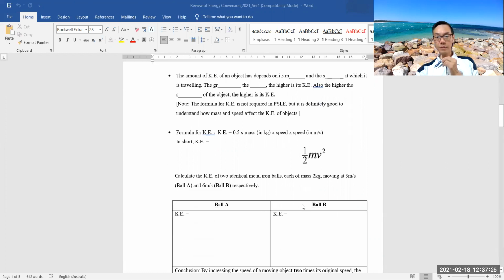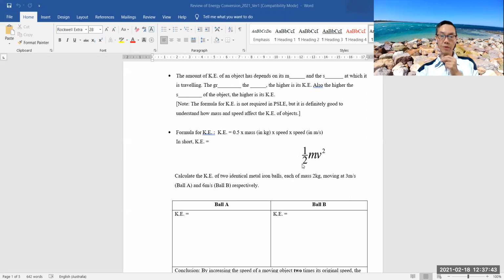In this example, I asked students to compare the change in kinetic energy using an object of 2 kilograms moving at two different speeds, one at 3 meters per second and the other double the speed at 6 meters per second.